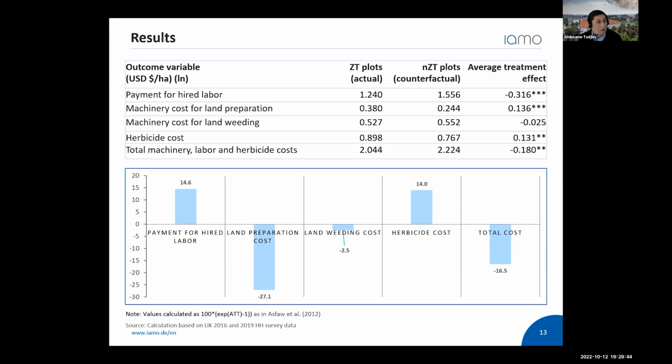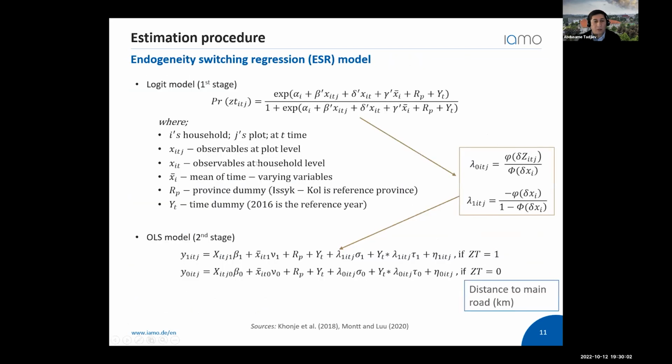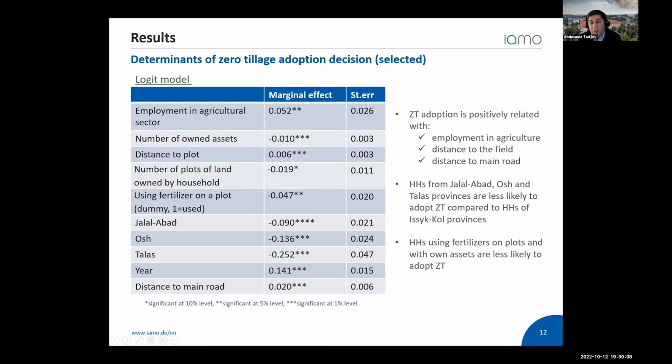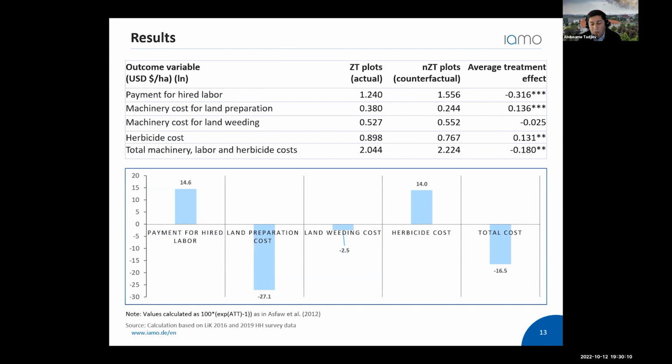And also then Mikhail's question about labor costs. Actually in the questionnaire households were asked, and in our case we only calculate hired labor costs, not the households' own labor costs or other costs.